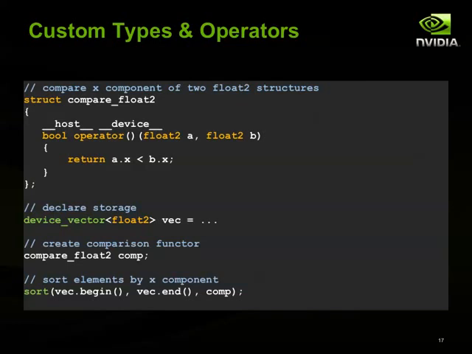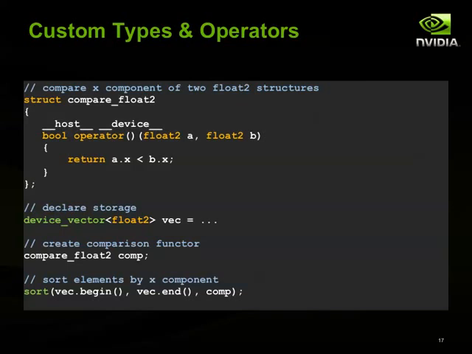And then you can pass in a comparison object here that works just like the functor we saw on the previous slide. So in this case, I'm giving the sort algorithm a functor that tells it how to compare two objects. It's basically the same idea as qsort in the C library.